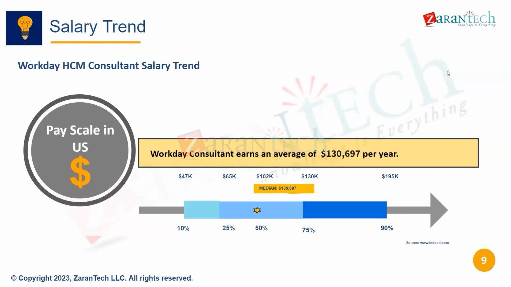And if you look at this particular chart, from 75% to 90% of consultants earn more than $130,000 per year, and many of them go close to $200,000 per year. So the future is very secure, monetary-wise as well as information-wise.